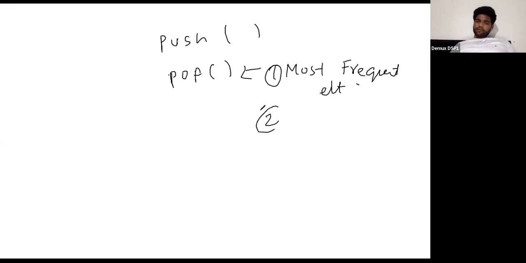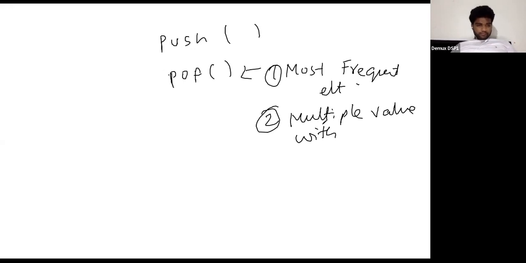The second part of the question is that if there are multiple values with the same frequency, then it should return the most recent, like the value which came in the last, or which is the most recent value. So that's how they break ties in this case.